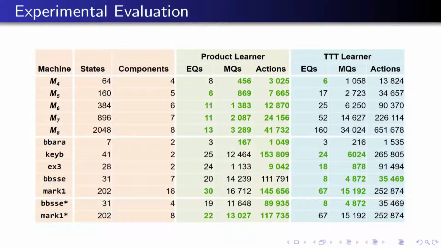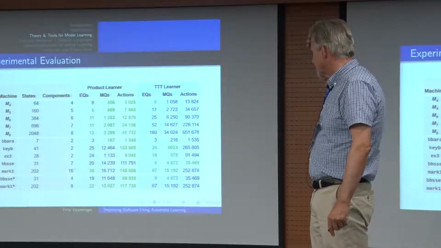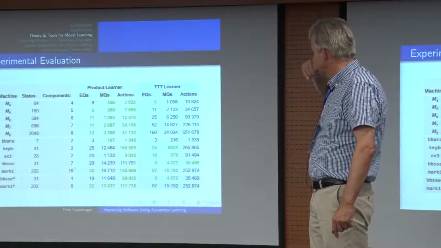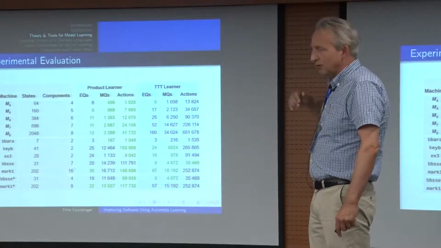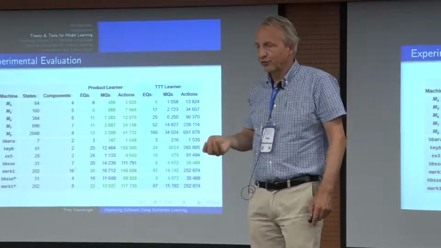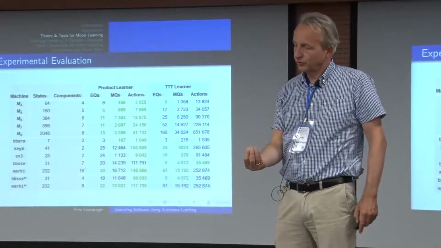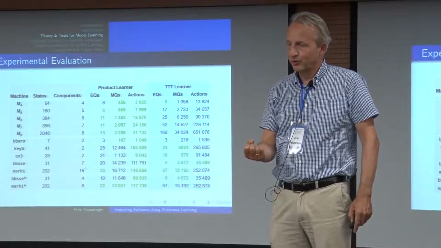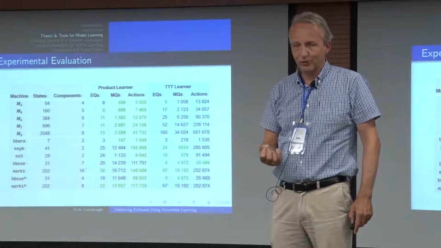So my student had a paper where he had some nice smart algorithm to exploit product structure, but then he also had an obvious algorithm where you just keep in a cache previous queries.